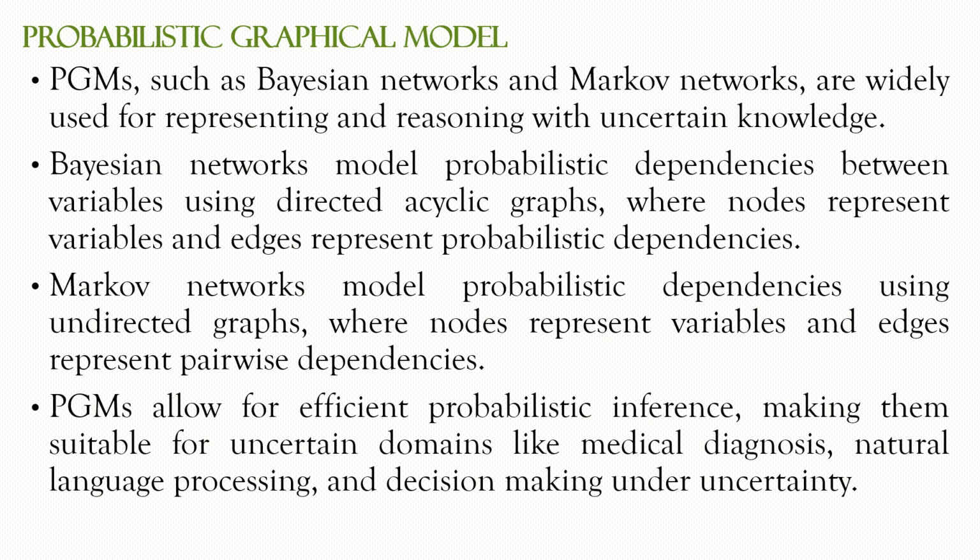The Markov model uses undirected graphs where the nodes represent variables and the edges represent pairwise dependencies. Probabilistic graphical models allow efficient probabilistic inference, making them suitable for uncertain domains like medical diagnosis, natural language processing, and decision making under uncertainty.